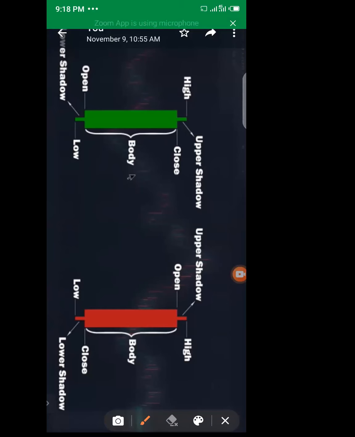Let's talk about these lines that are located at the top. This is what we call the wicks. Please, you guys should control your background well. So these lines that I'm talking about, this is what we call the wicks.